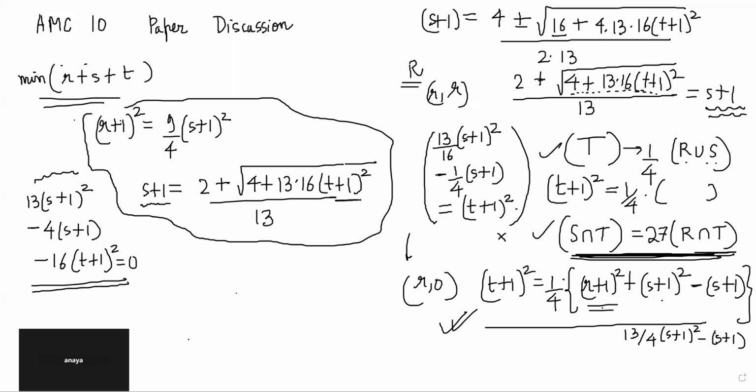So let's think about that for a moment and figure out how to find S intersection T number.